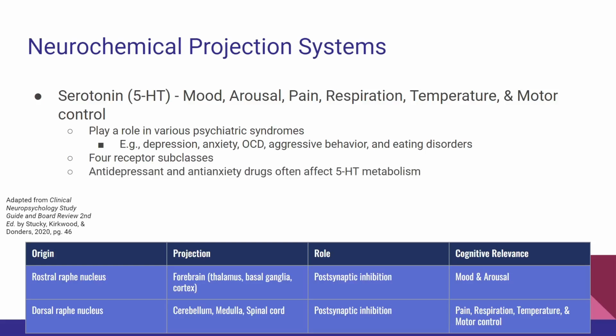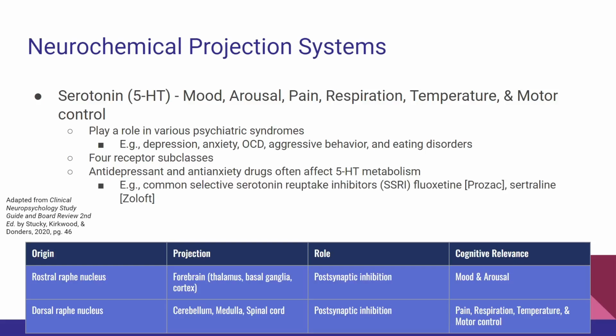The majority of antidepressant and anti-anxiety drugs actually alter the availability of serotonin within the brain. Some of the common selective serotonin reuptake inhibitors, which, remember, a reuptake inhibitor prevents serotonin from being removed from those synaptic gaps, which allows it to continue to operate longer than it otherwise would have, include fluoxetine, trade name Prozac, and sertraline, which is trade name Zoloft.